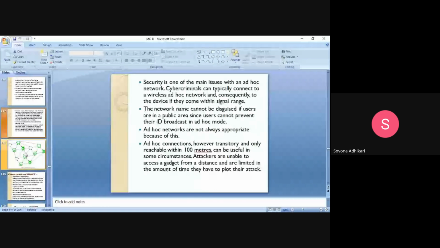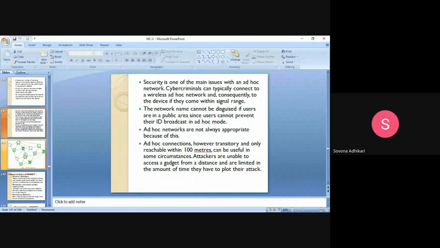Obviously, the main issue is security. Cyber criminals can typically connect to the wireless ad hoc network and consequently to the device if they come within signal range. So security is a challenge, a main issue here. The network name cannot be distinguished if users are in a public area, since users cannot prevent their ID broadcast in ad hoc mode.